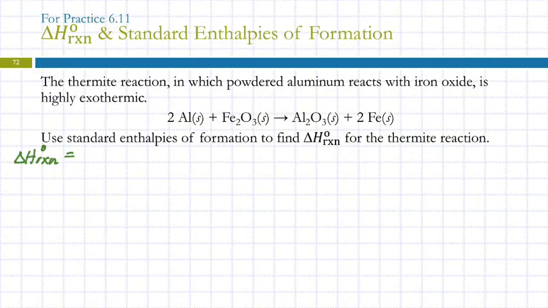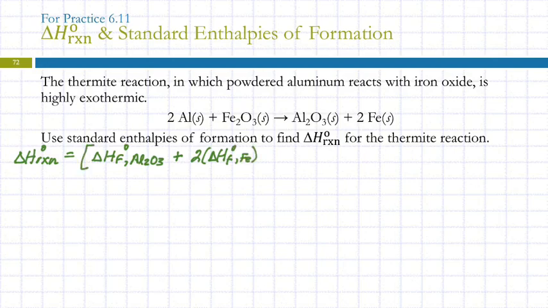Remember, delta is final minus initial, almost everywhere. Final minus initial. So the products are the final, so I'm going to take the heat of formation for Al2O3 plus 2 times the heat of formation for iron.